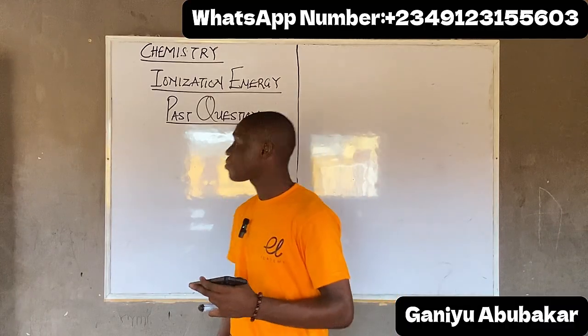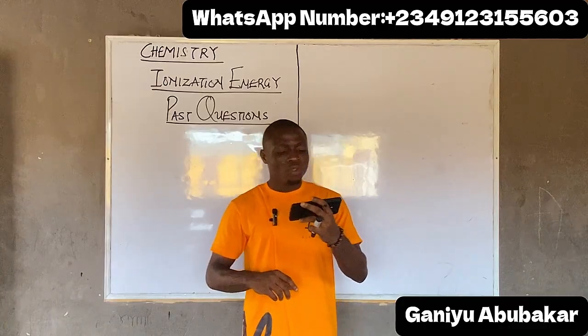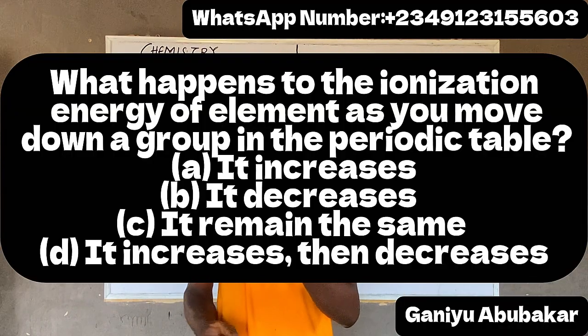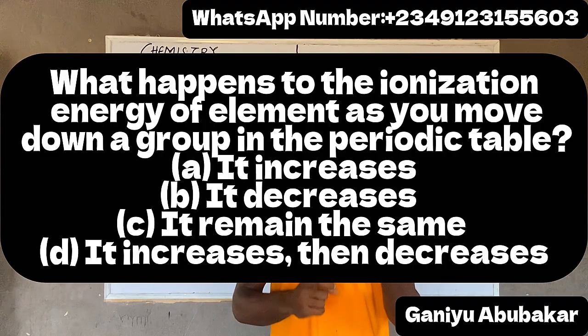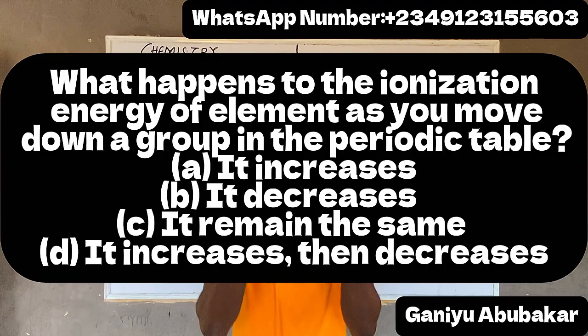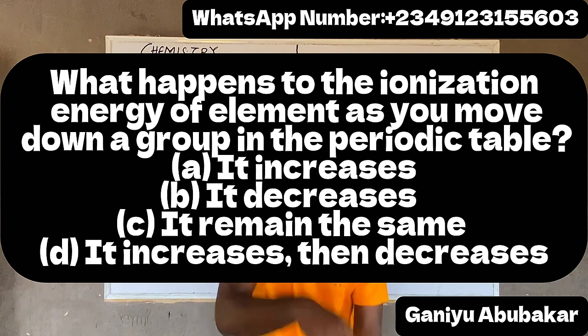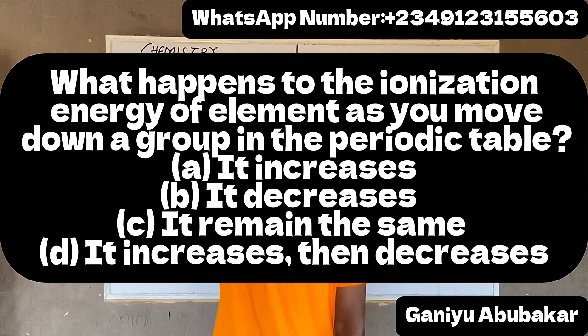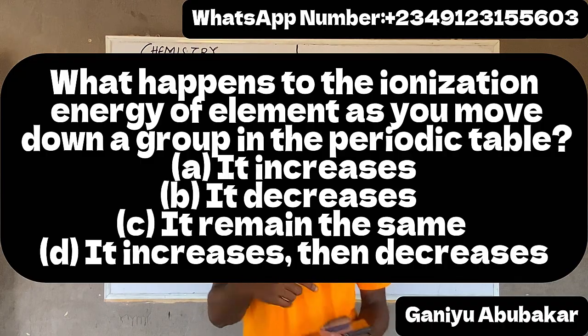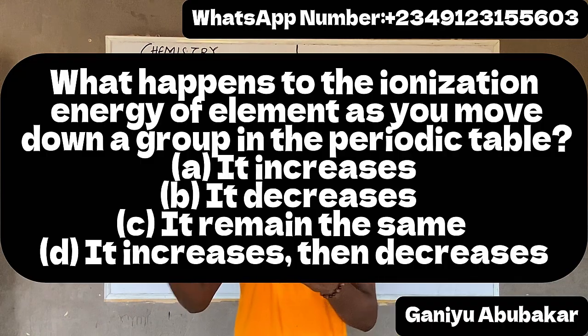Question 2. Question 2 says, what happens to the ionization energy of elements as you move down a group in the periodic table? If you want to answer this question, you must have watched our previous class, the introduction. This one is about the trends of IE, right?